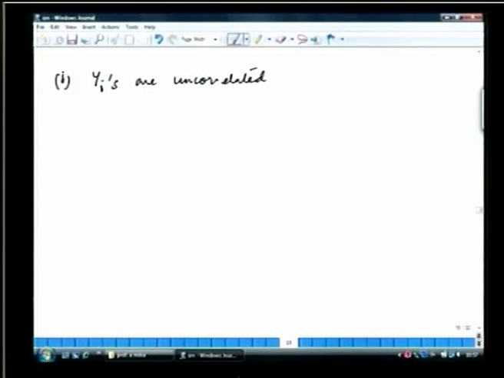But the new variables yi's, through which we are going to explain the total variability, have to be uncorrelated, that is covariance between yi and yj is equal to 0 for every i not equal to j. This is the first point.